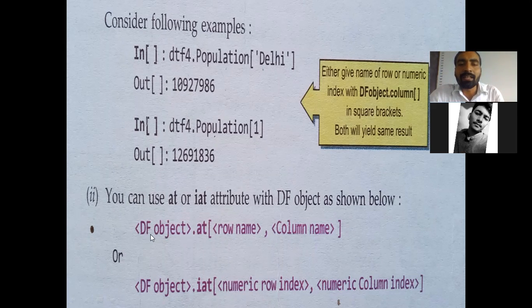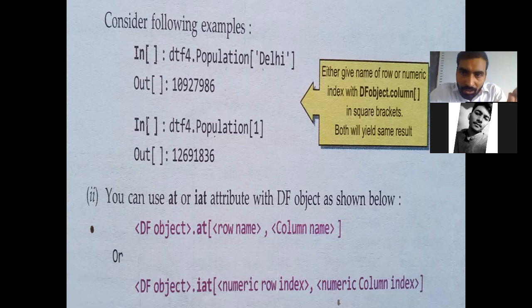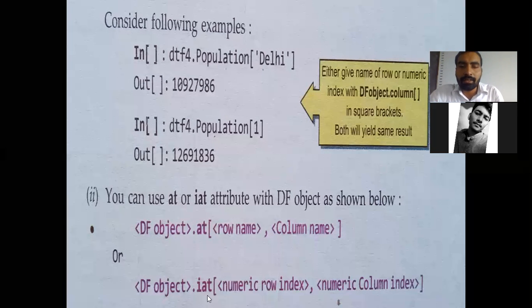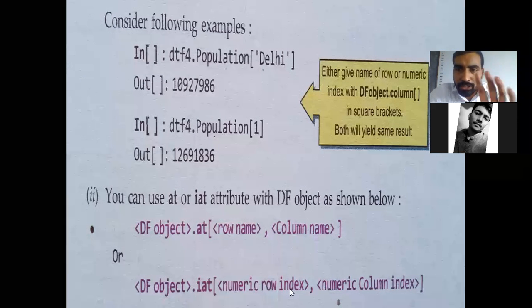For example, we write the syntax as df object name dot at, then in square brackets write the particular row name, comma, column name. So the value which is falling between that row and that column will be displayed. Or if you are using the iat function, simply write the df object name dot iat, then write, as you know, i means index, integer index.